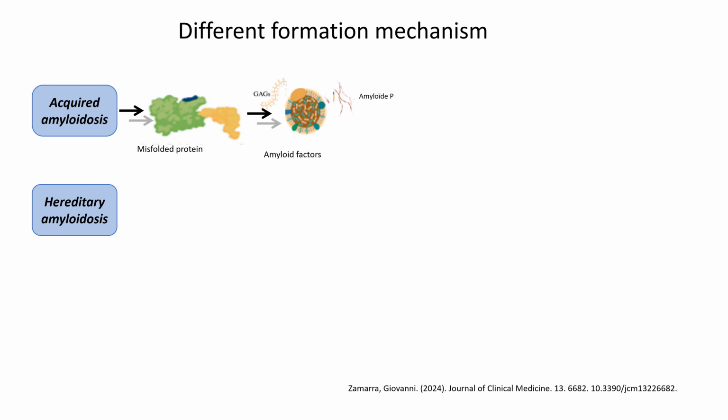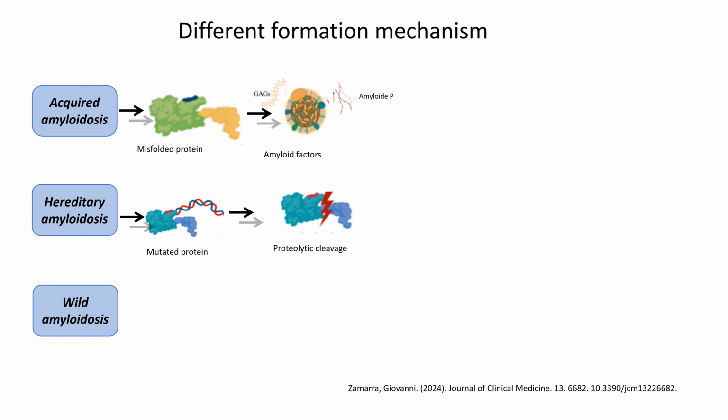In hereditary amyloidosis, mutated proteins undergo proteolytic cleavage, resulting in the formation of amyloid. In wild-type amyloidosis, the native proteins misfold spontaneously, particularly with aging. It's ATTR.